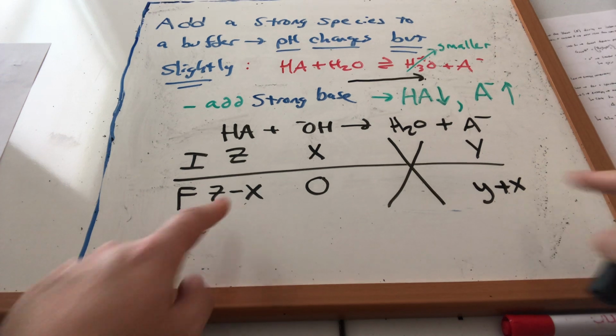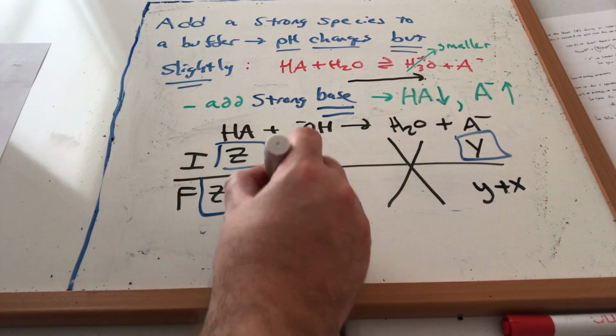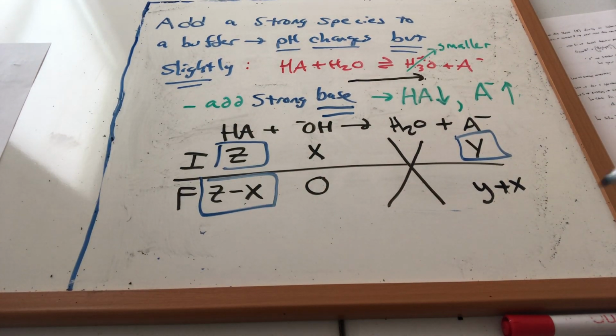So if you look at this relative to our last ICE table, it looks like we had the same starting points for your buffer, but because we're adding the opposite species, HA actually went down and A minus went up.